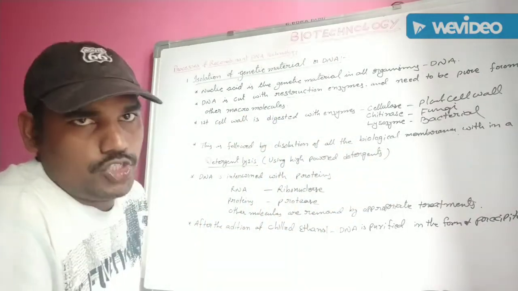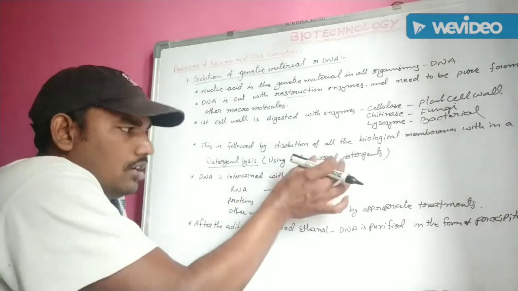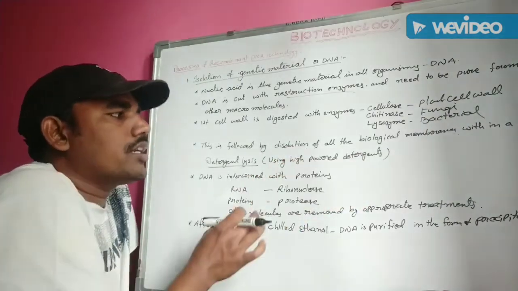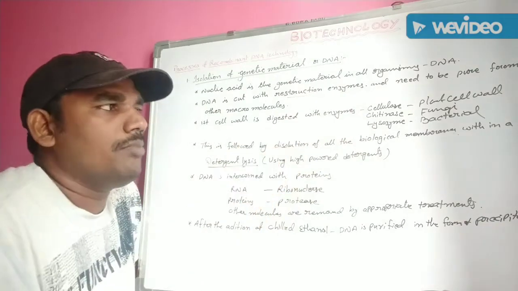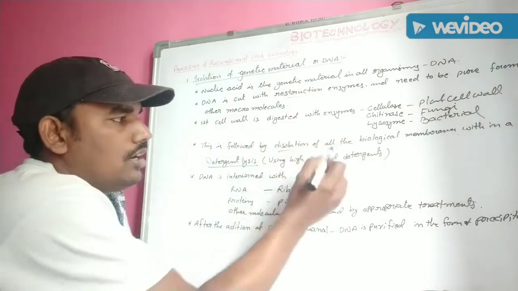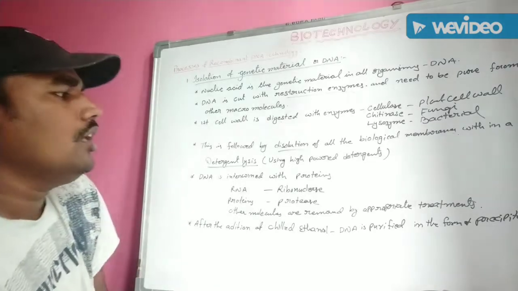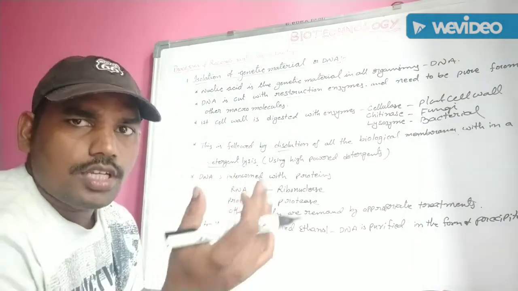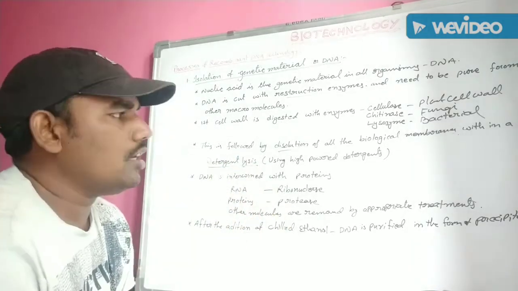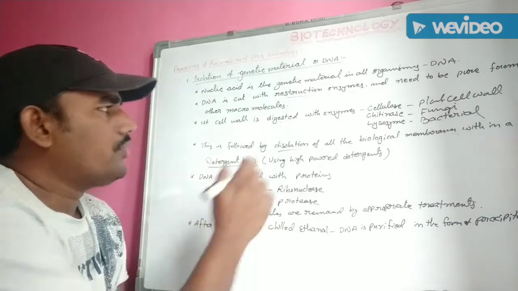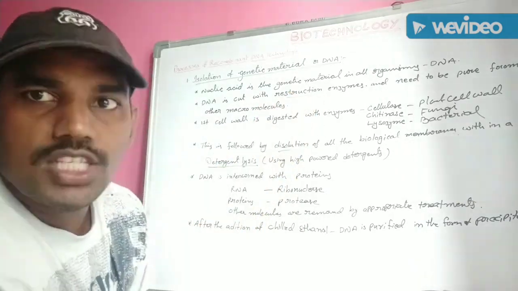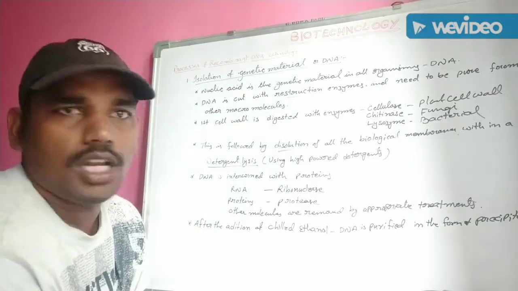Using the high-powered detergent, all biological membranes are dissolved. Okay. Then the nucleic material is extracted after the digestion of the cell wall and cell membrane.